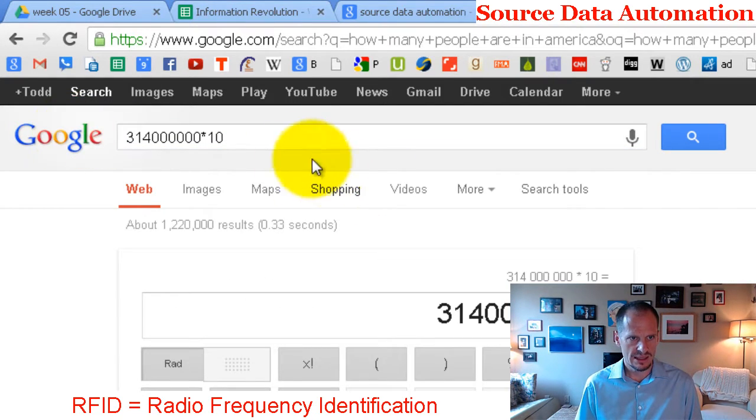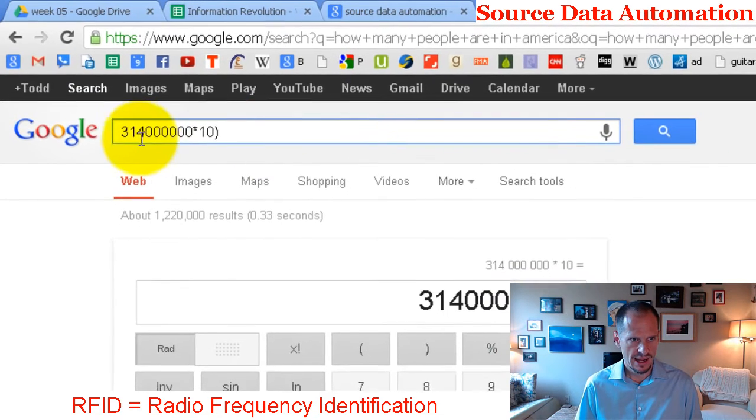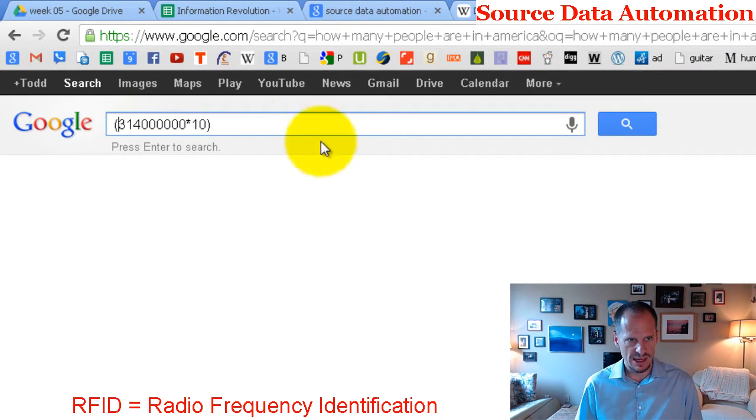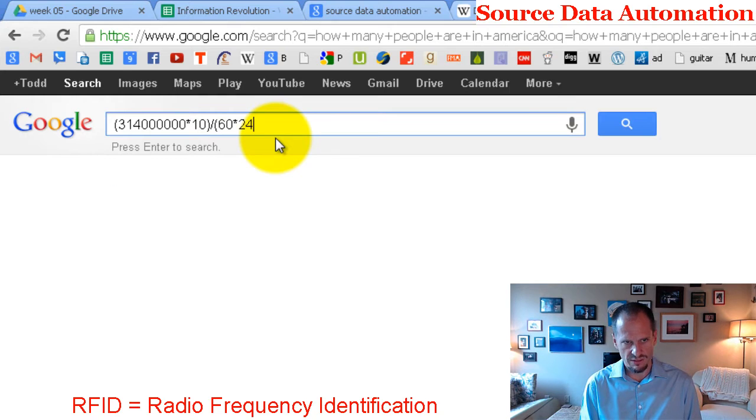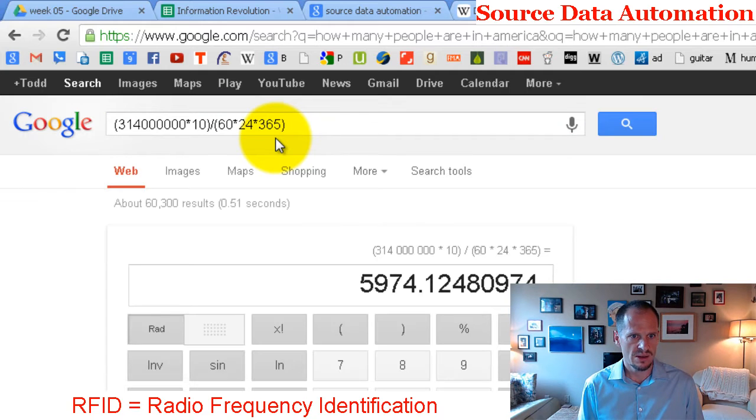And then let's divide all that by 60 minutes, so that's hours. And let's divide all those hours by 24 hours in a day. And then there's 365 days in a year. And so we would say 5,974 years.